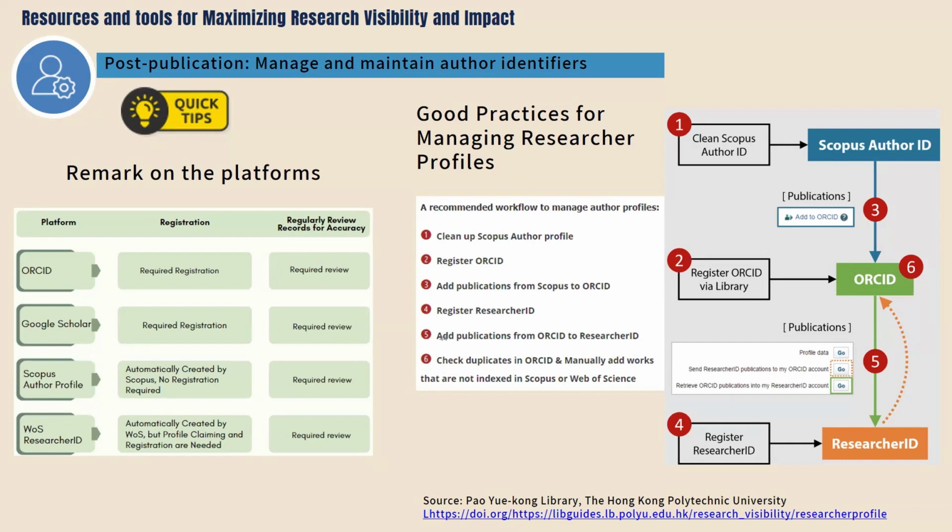However, for Web of Science, authors must register and claim their profile to verify it. For all four platforms, it is recommended to periodically review your profile and verify the publication record to ensure the accuracy and integrity of your author profile and associated work.